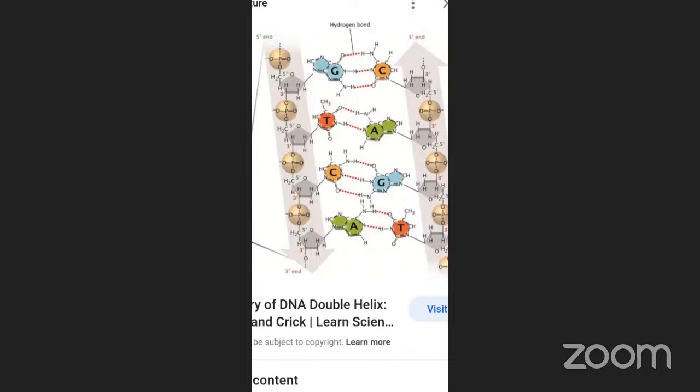With 5 end, 3 end, hydrogen bond. So here is the 5 phosphate, and this is the 3 hydroxy group. Now the phosphodiester bond is formed between the 3 hydroxy group and the phosphate.